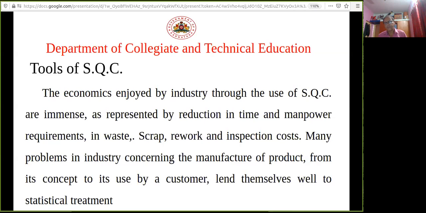So many problems in the industry concerning the manufacture of the product, from its concept to its use by the consumer, lend themselves well to statistical treatment.